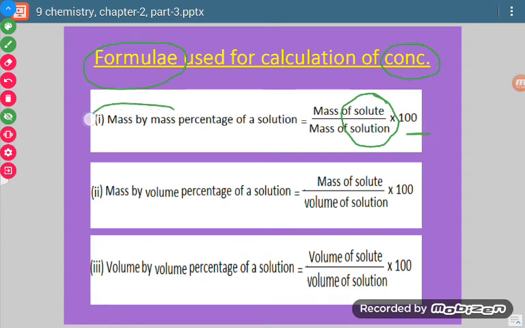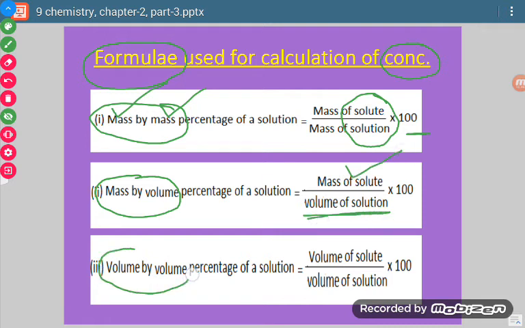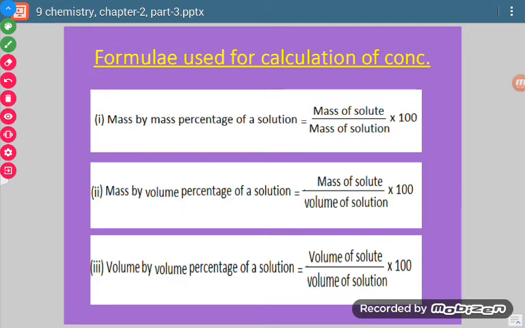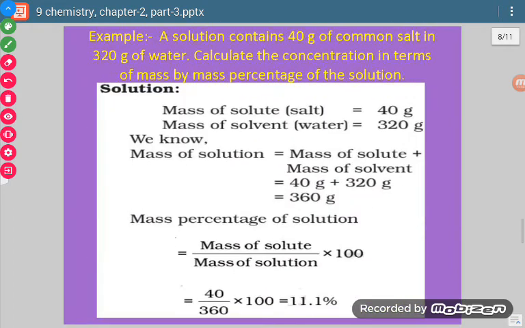If it is mass by mass percentage, we divide mass of solute by mass of solution. If it is mass by volume, we divide mass of solute by volume of solution. If it is volume by volume, volume of solute is divided by volume of solution. So from the name itself we can easily remember what is to be done.